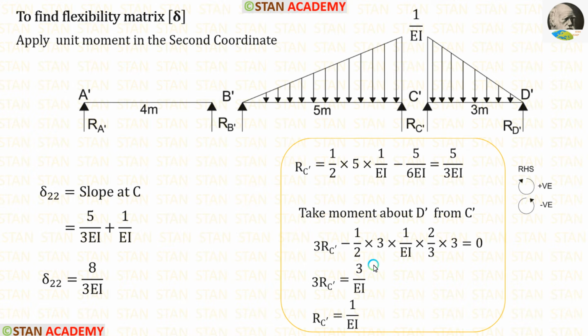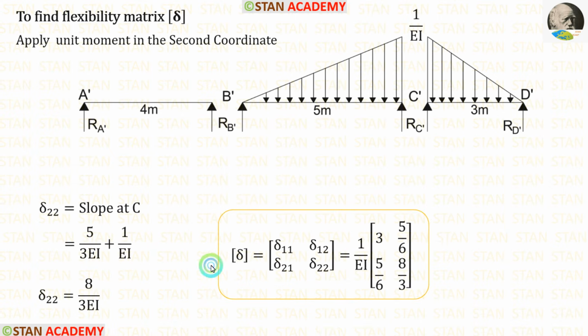For the UVL, we have to multiply the area with the centroid distance. The area is half into 3 into 1 upon EI. The centroid distance is 2 upon 3 into 3. Finally, for RC dash, we are getting 1 upon EI. For delta 22, we have to add these two values. After adding, we are getting 8 upon 3 EI.